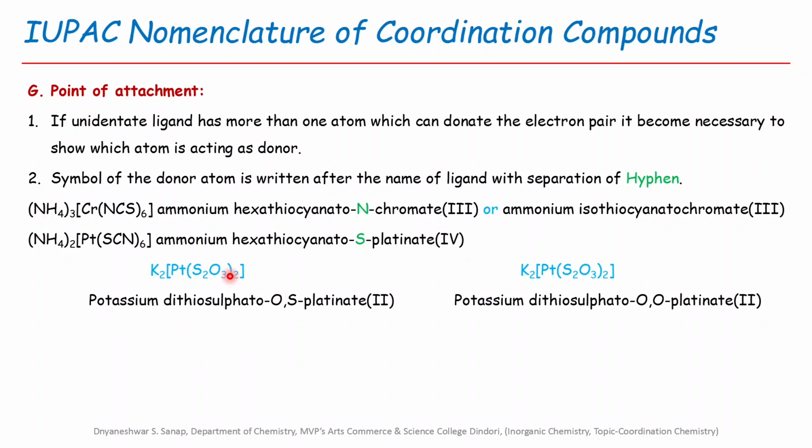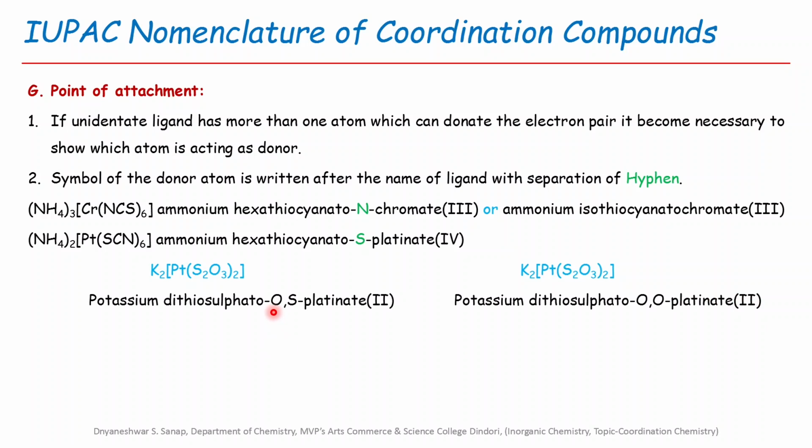The name of coordination compounds with the same molecular formula can be different. Let us see one by one. Potassium bis(thiosulfato-O,S)platinate(II). Similarly, for the second coordination compound, potassium bis(thiosulfato-O)platinate(II).